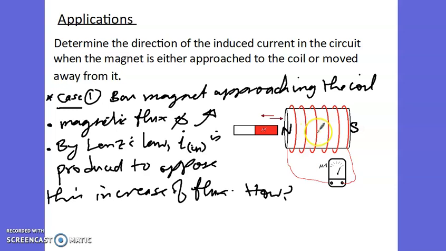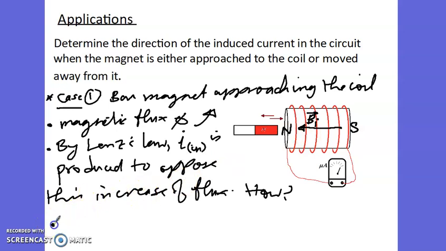And also you know that inside a bar magnet or inside a coil or a solenoid, the magnetic field is always from the S-pole into the N-pole, right? So this is B induced. This is the induced magnetic field created by the induced current. So you know the sense of the induced magnetic field. You need to know the sense of the induced current.